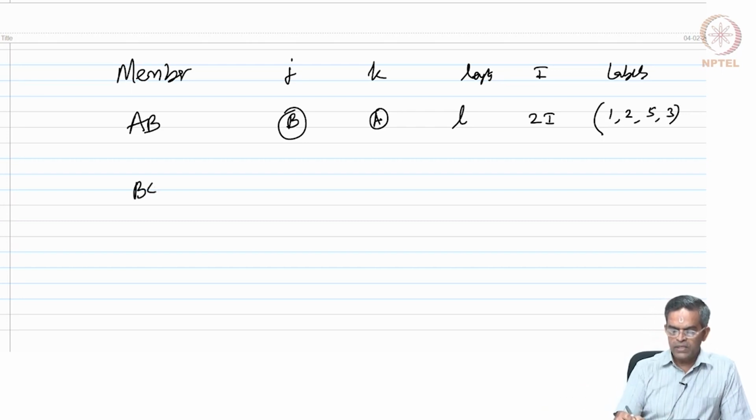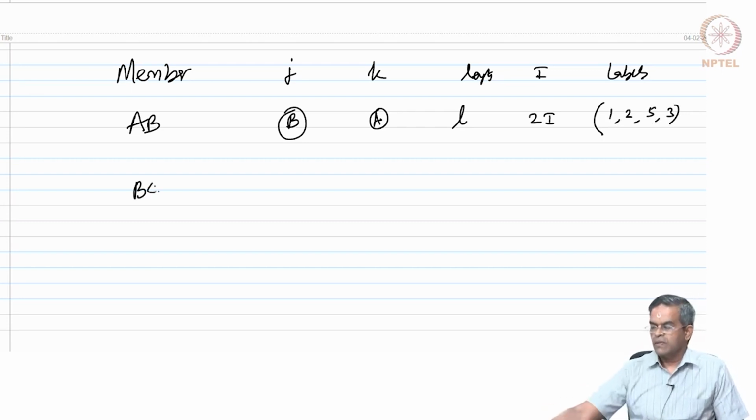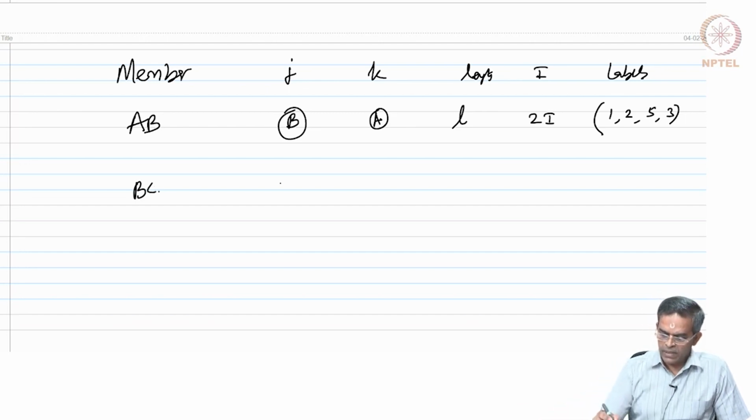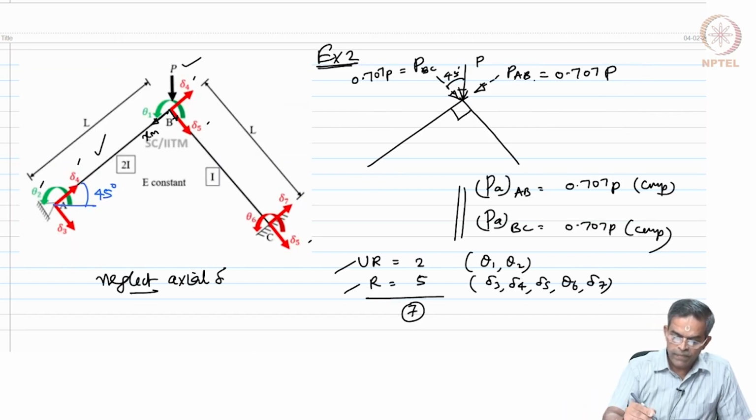Now, for the member BC, we will take the jth end at B and this at C. So, the jth end is here. So, this becomes my xm and ym for the member BC.